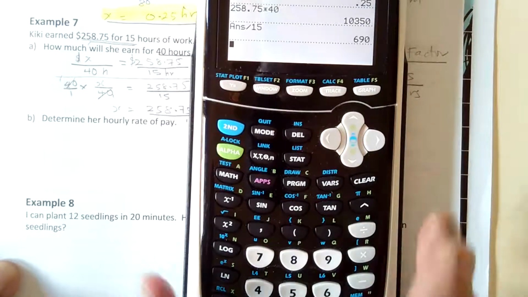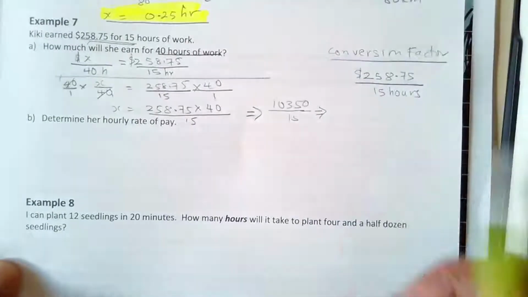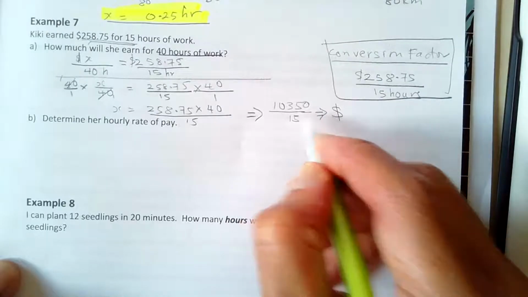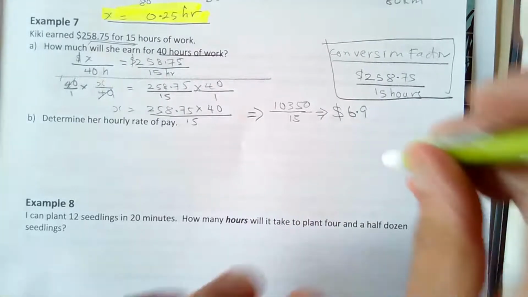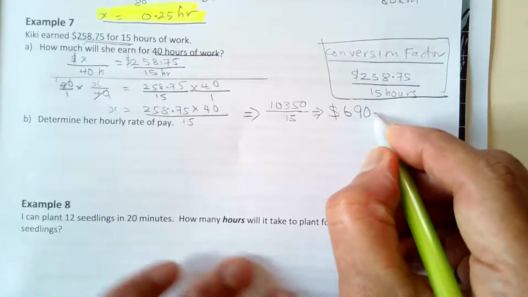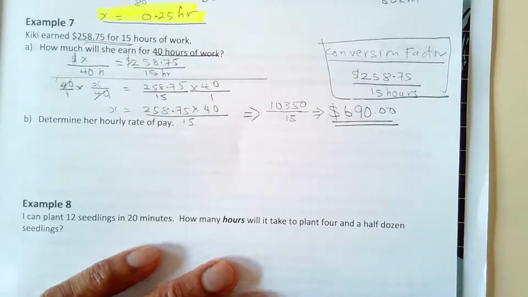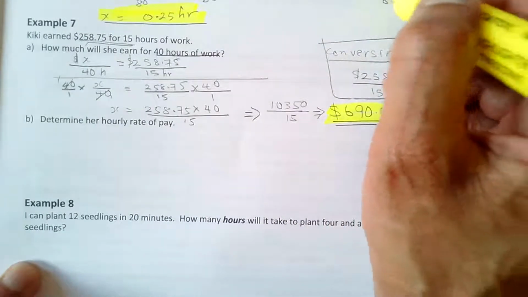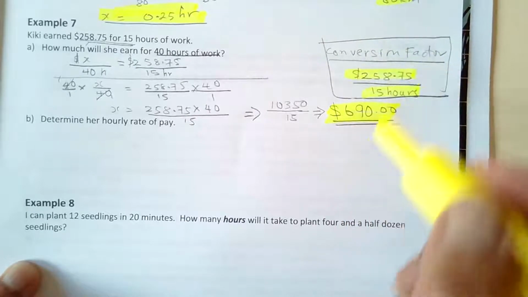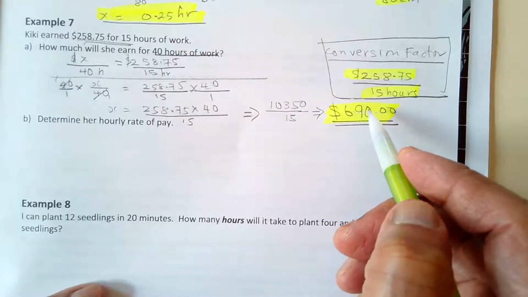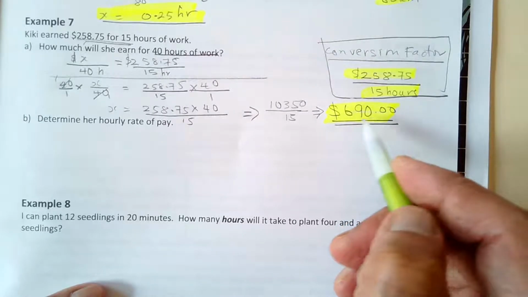Divided by 15 will give us $690. So after 40 hours, Kiki will earn $690.